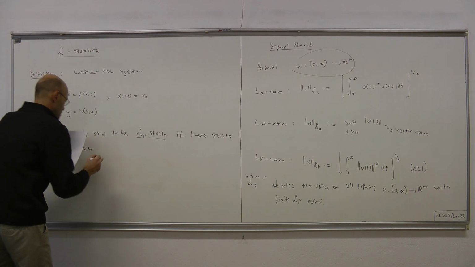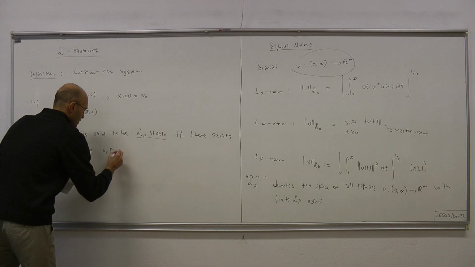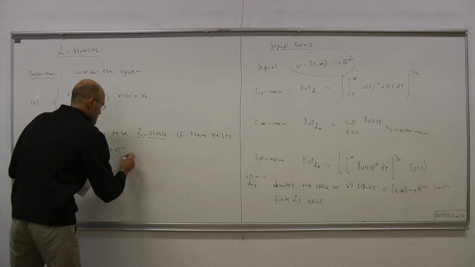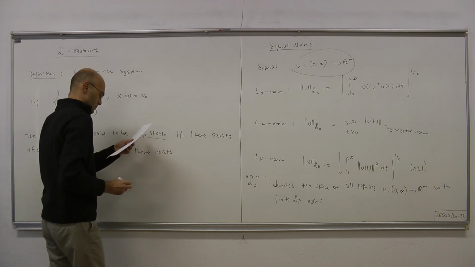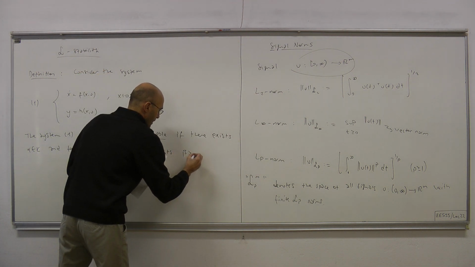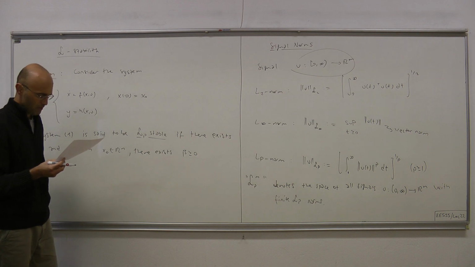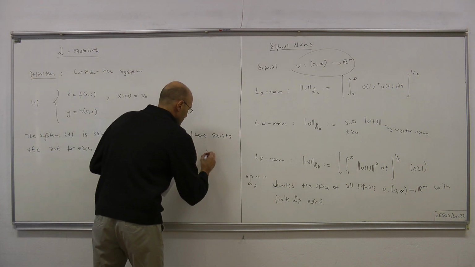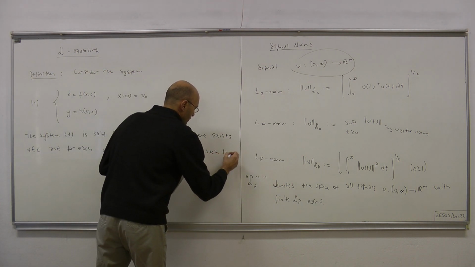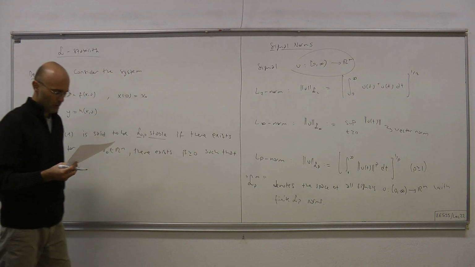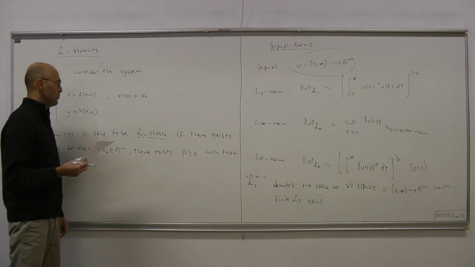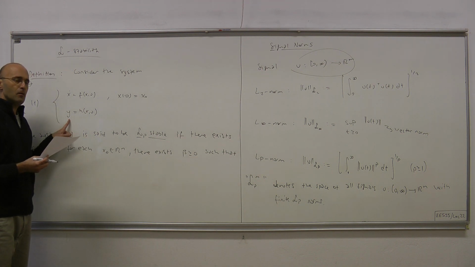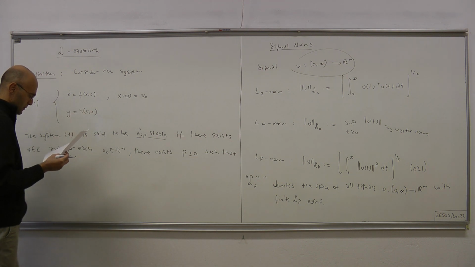for each initial condition x sub 0, there exists a constant which we denote by beta, such that we have the following inequality relation between the output and the input. By the way, y is the output, u is the input.